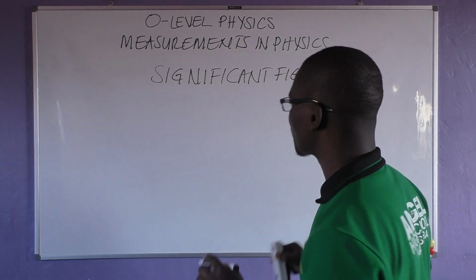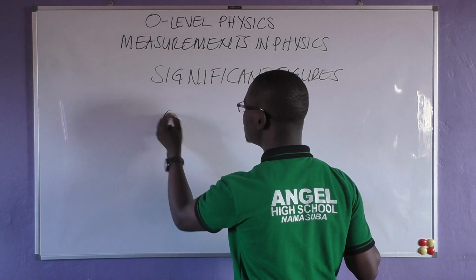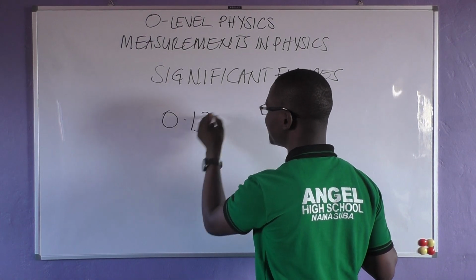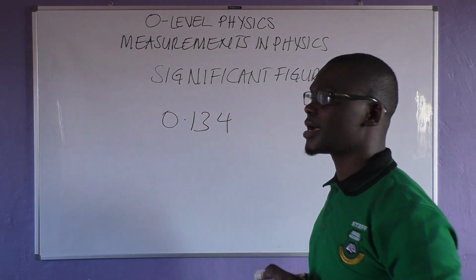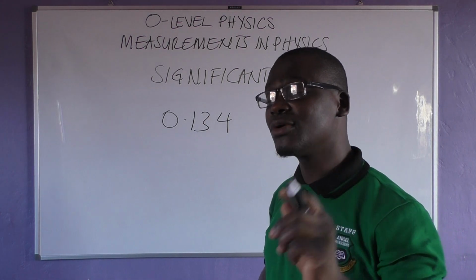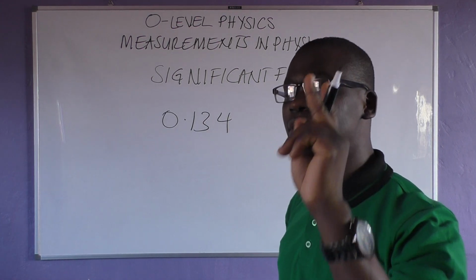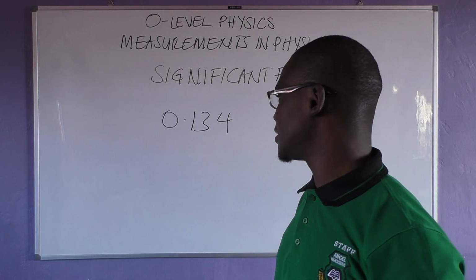For instance, if we have 0.134 and we are rounding off to 2 decimal places.